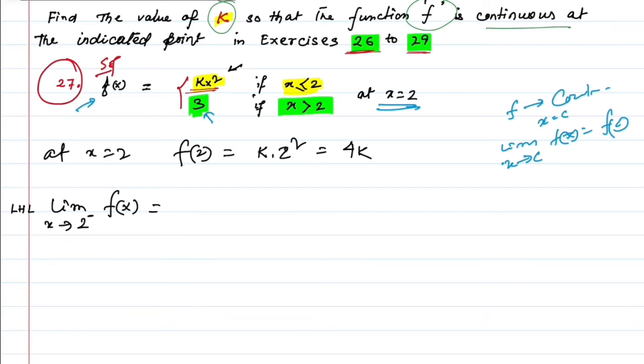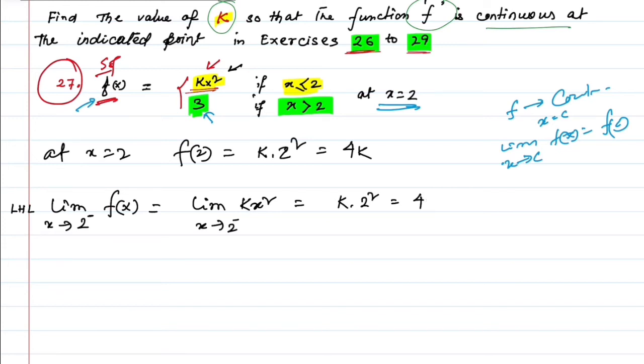So in that case, for less than 2 we have f of x equal to k x square. So the limit of k x square when x tends to 2 negative is k into 2 square, that is equal to 4k.